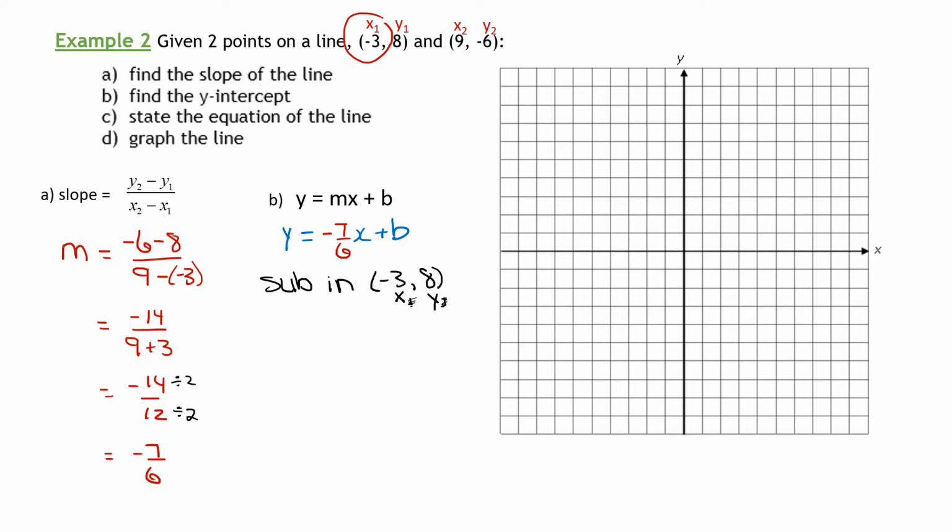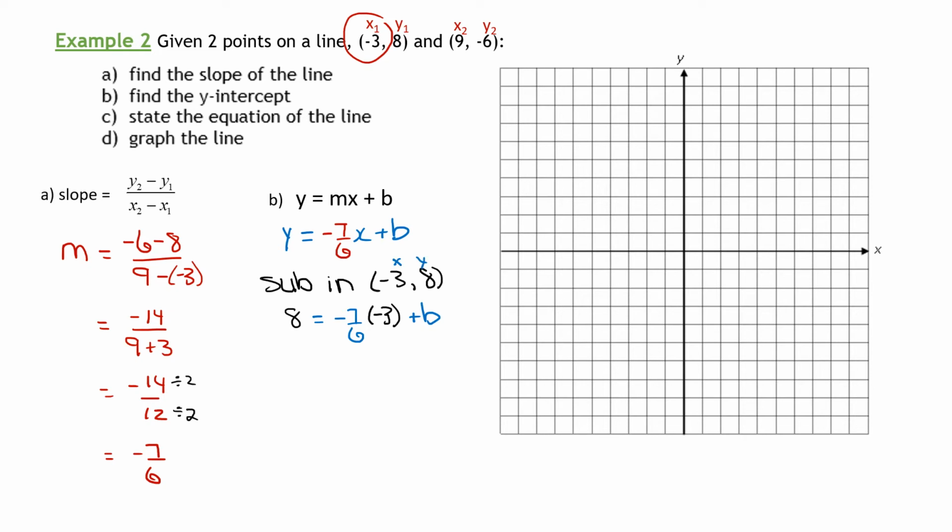I'll go up to my equation, and where I had a y, I'm going to put first of all my 8, and then I'll put this all in blue here, -7 over 6, and instead of an x, I'm going to put a -3. Let me erase this, it's kind of in the way here. And then plus b. So I substituted in an x and a y into the equation in the right spots.